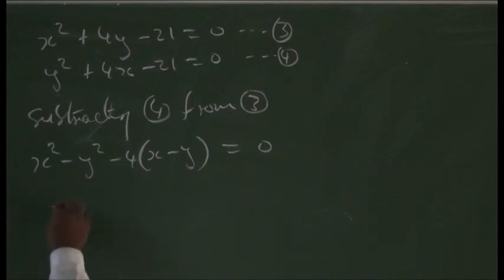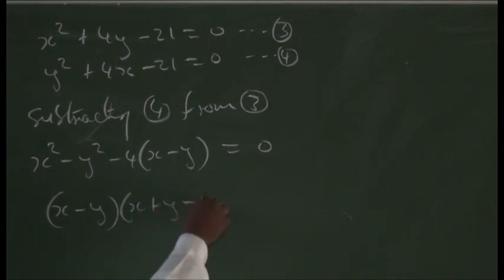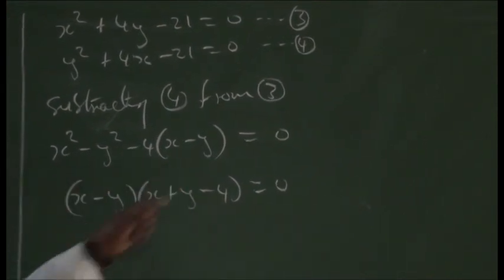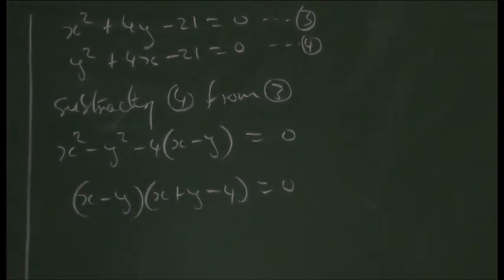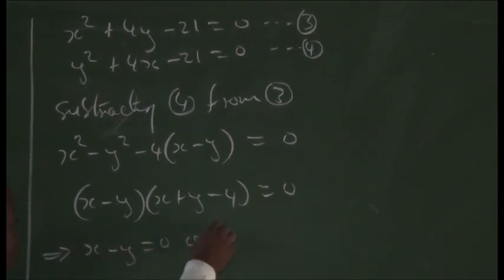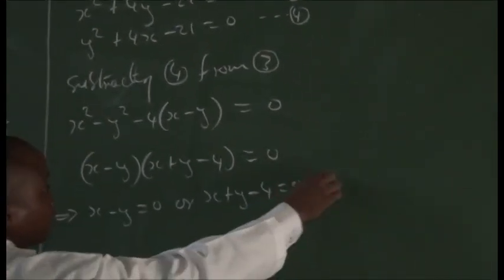I can also write it as x minus y, then x plus y minus 4 equals 0. If you multiply these two, you'll get back everything here. So that implies that x minus y equals 0, or x plus y minus 4 equals 0. We'll take note of this because we'll be using it later.